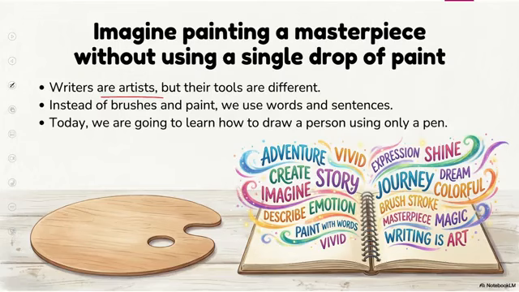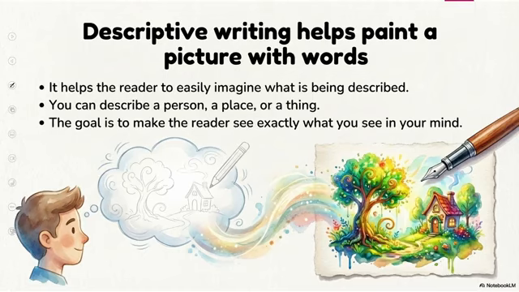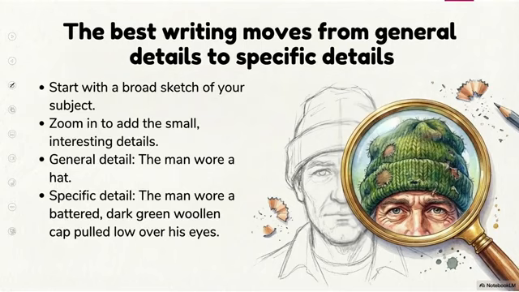Today, we are going to learn how to draw a person using only a pen. Descriptive writing helps paint a picture with words. It helps the reader to easily imagine what is being described. You can describe a person, place, or a thing. The goal is to make the reader see exactly what you see in your mind.